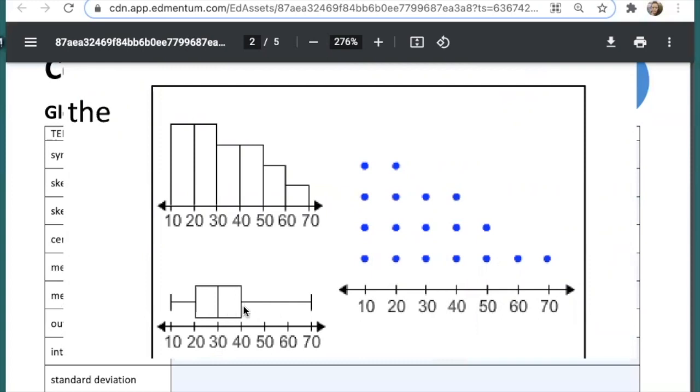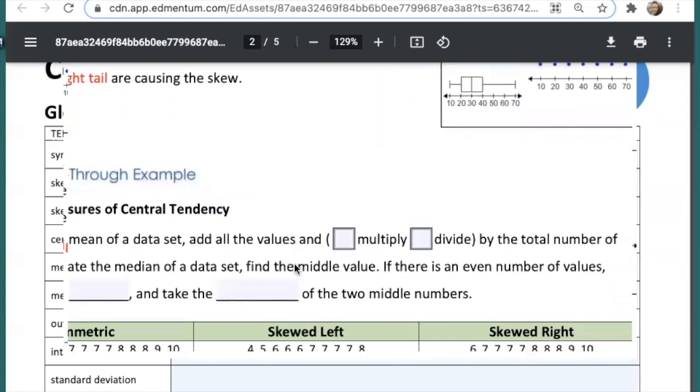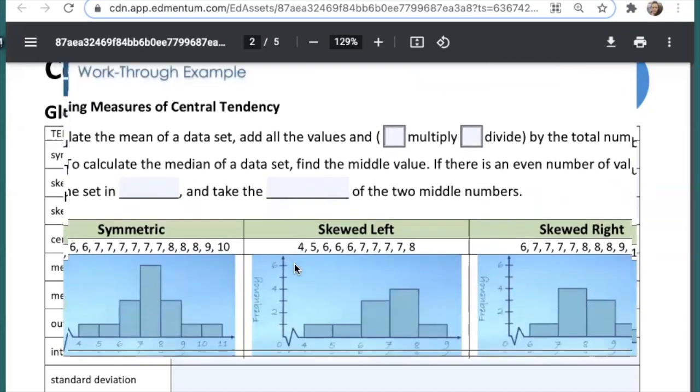So in this case, the mean is greater than the median, the number in the middle. So expect the mean to be on the side of the skew, if that makes sense.